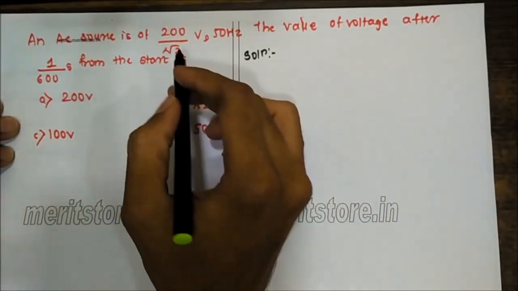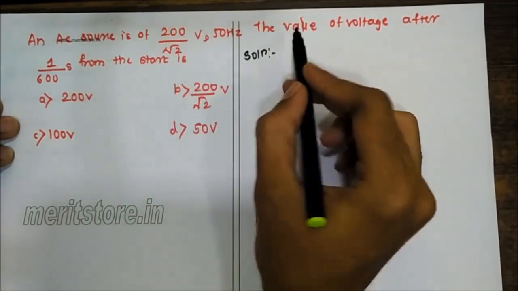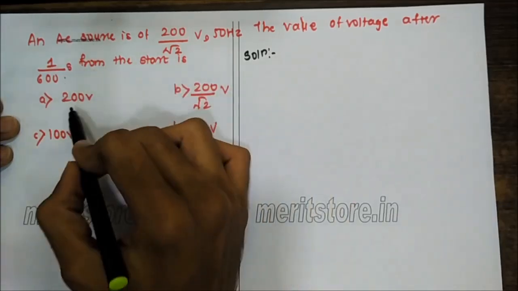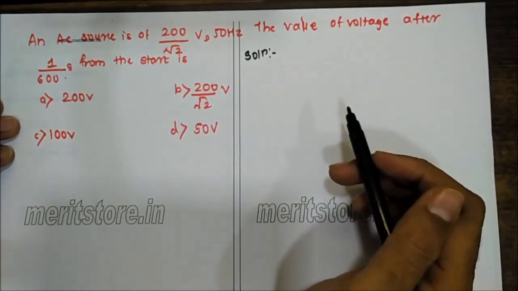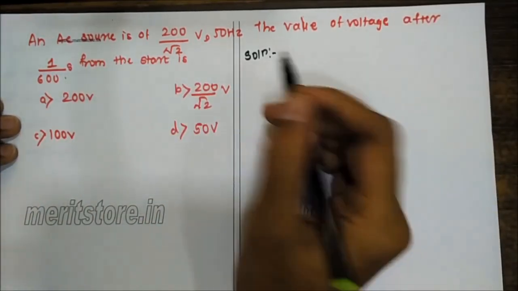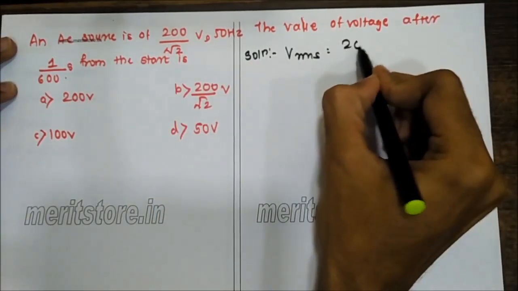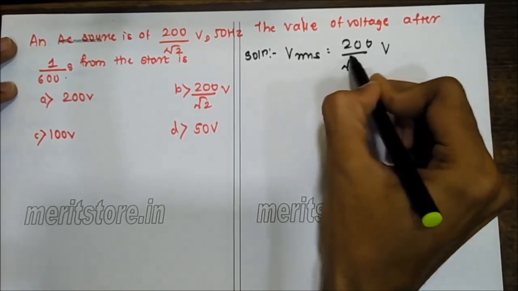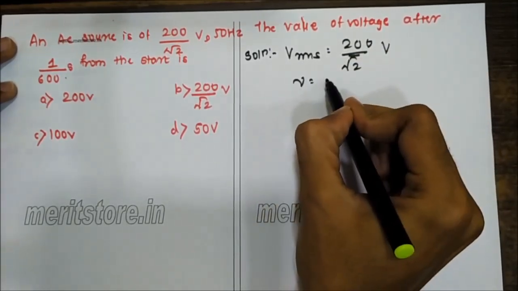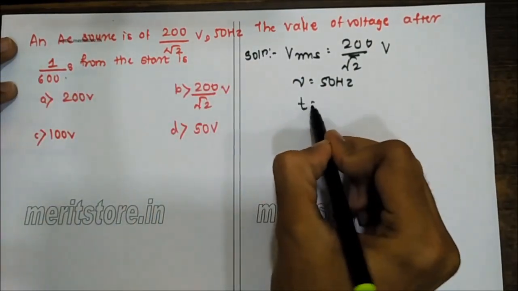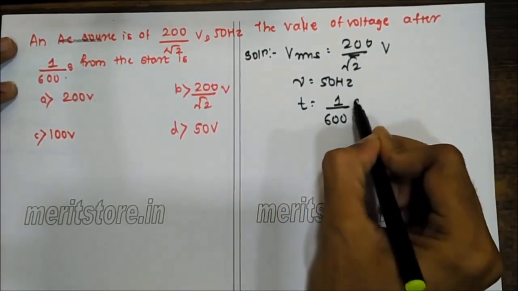An AC source is of 200 root 2 volts, 50 hertz. The value of the voltage after 1 upon 600 seconds from the start is 200 volts, 200 root 2 volts, or 100 volts or 50 volts. Okay, so we are giving you an AC source, that is Vrms, which is about 200 root 2 volts, and a frequency mu, that is 50 hertz, and we need to find the voltage after time 1 upon 600 seconds.